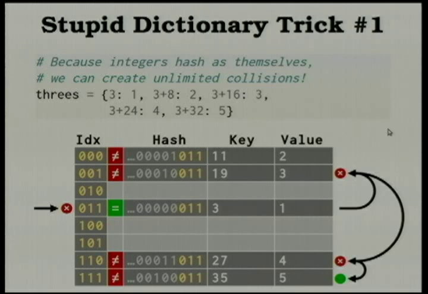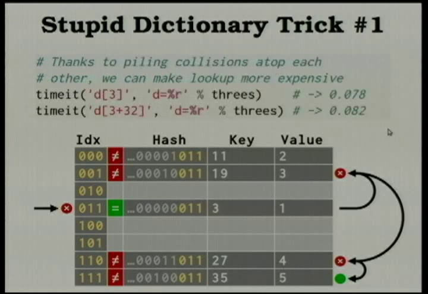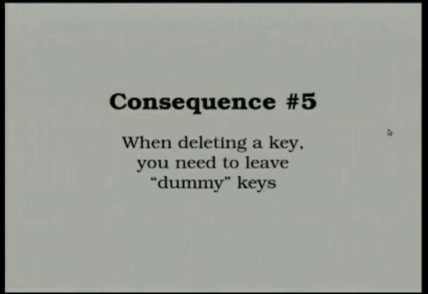You can see that they're spreading themselves out among a number of locations, but by the time you get to that last element, it's having to hit 4 different slots before it can be stored. If we now use timeit to look up how expensive it is to look up D of 3 versus D of 35, you can see that there is a slight but measurable difference from the command line between something that's lightly collided and something that's at the back of several dictionary collisions.